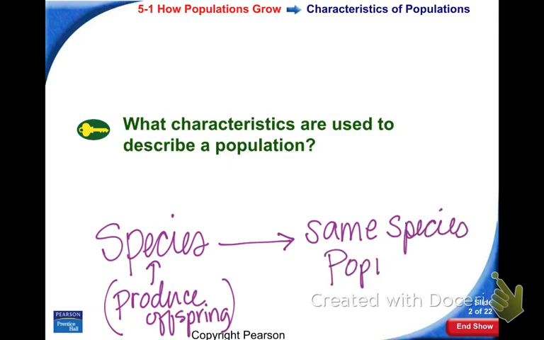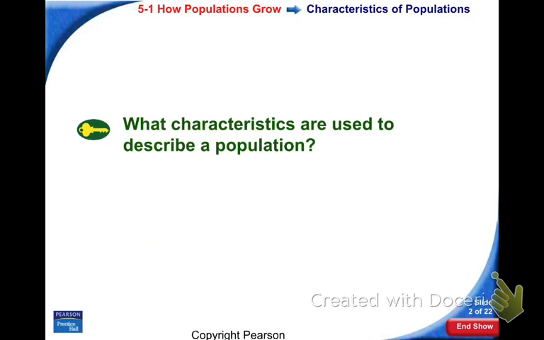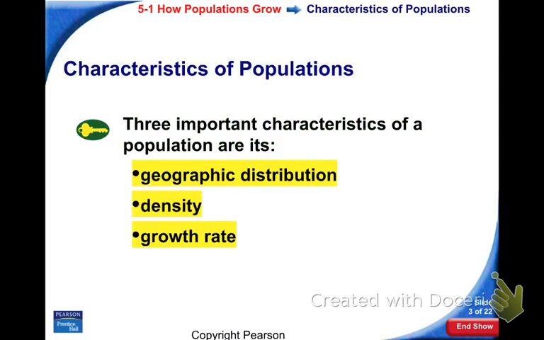are our population. So when you look at a population, what factors do you look at in order to describe that population? 3 things. Geographic distribution, okay? That's the where are they? Where are they found?